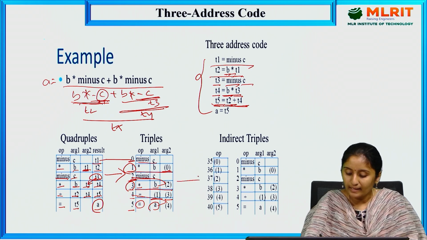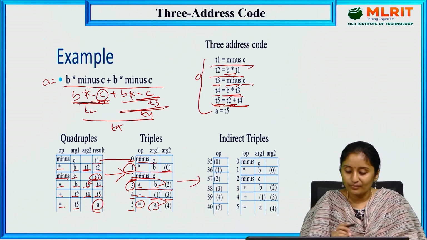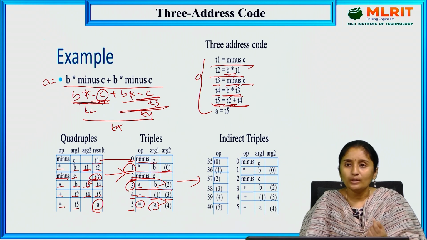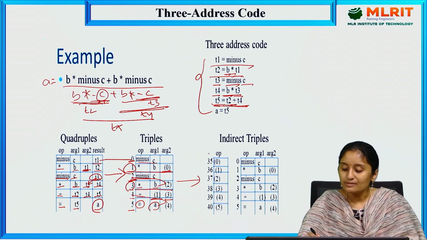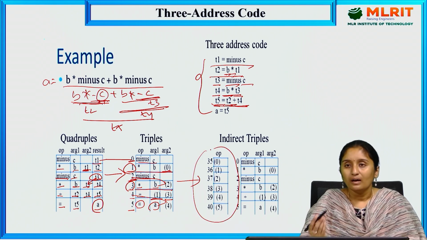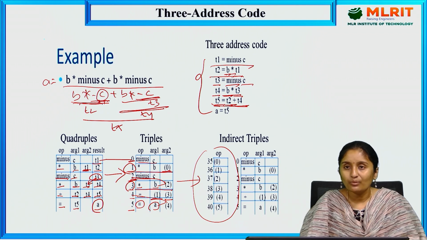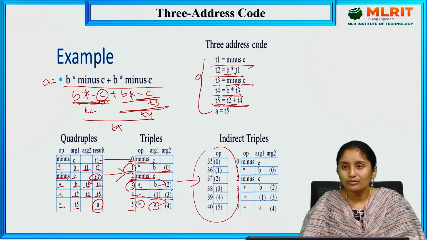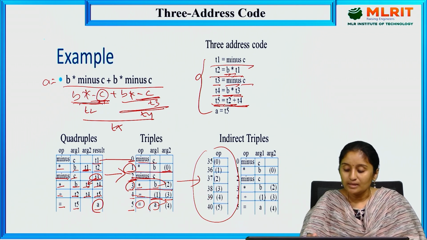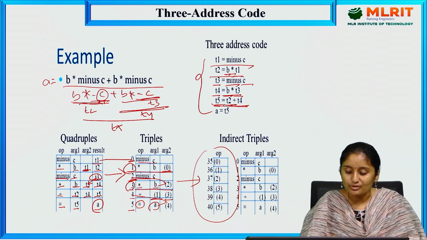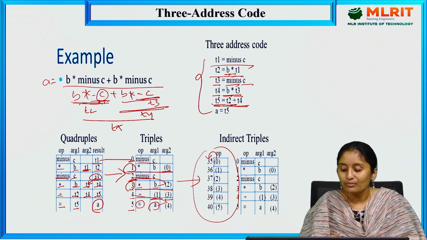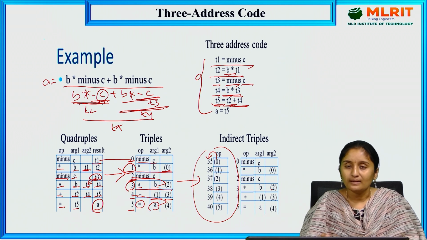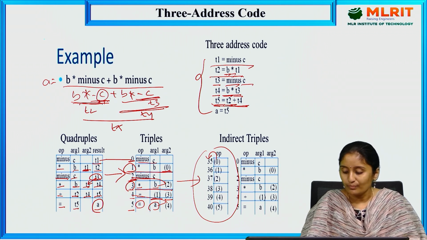Coming to the indirect triples, the difference between triples and indirect triples is only a slight one. That is, we are going to use a pointer table. The extra thing we use in the indirect triples is the pointer table. In this pointer table, we store the position, and that position is stored at which address? Those addresses we are going to use over here.